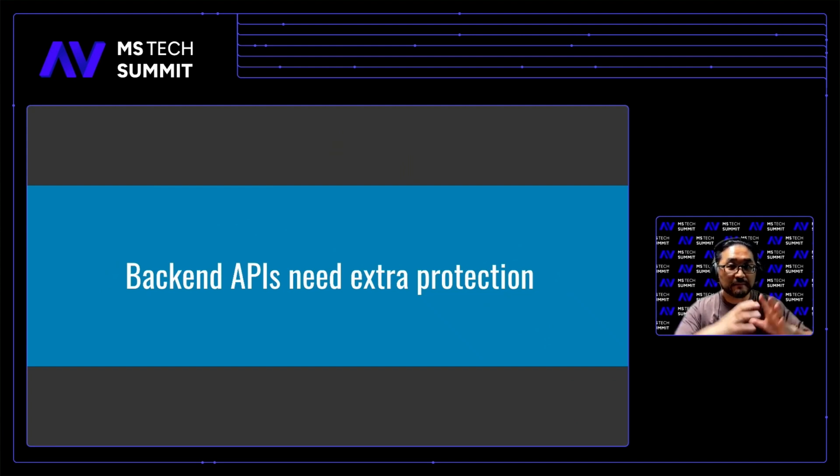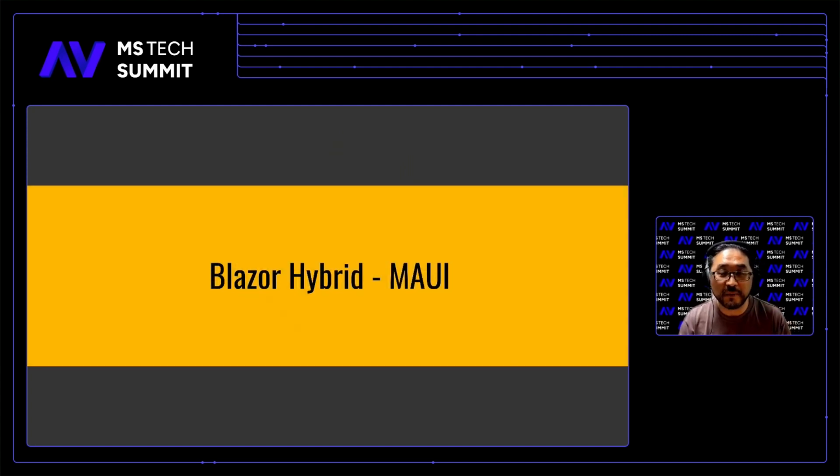Now, you have the Blazor WebAssembly application, and that can be hosted as a web application, but it can also be wrapped with something else. This is the concept of Blazor Hybrid. If your customer or your organization wants to use your existing Blazor WebAssembly application for a desktop or mobile application, then Blazor Hybrid with MAUI will be the answer.